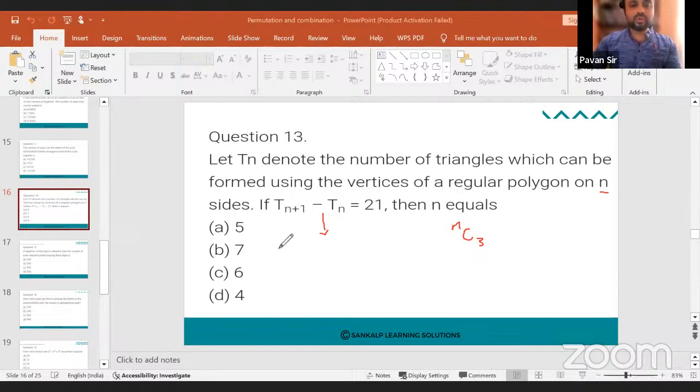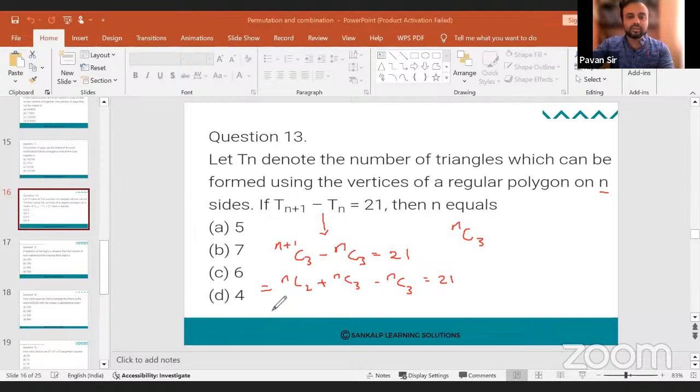So Tn plus 1 is nothing but n plus 1 C3 minus nC3 is equal to 21. n plus 1 C3 can be written as nC2 plus nC3, minus nC3, which gives us 21, because n plus 1 Cr can be written as nCr minus 1 plus nCr.